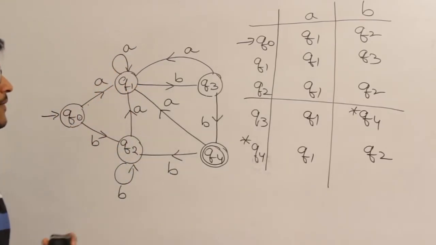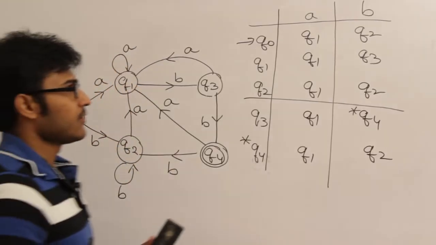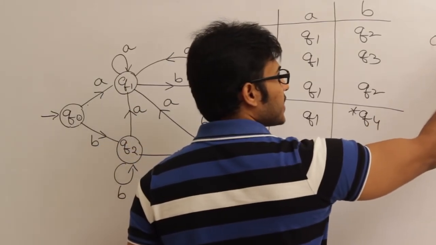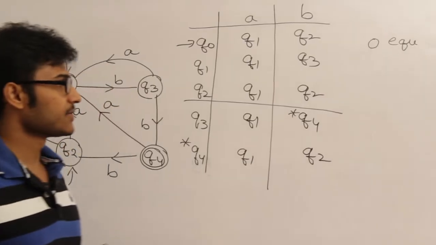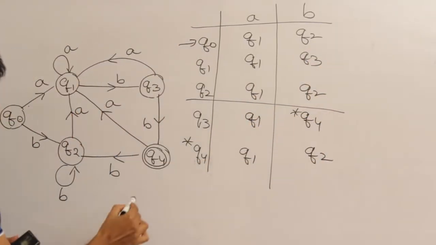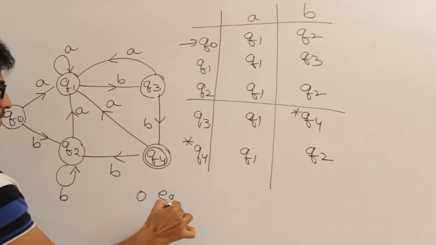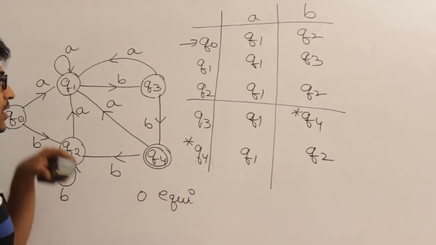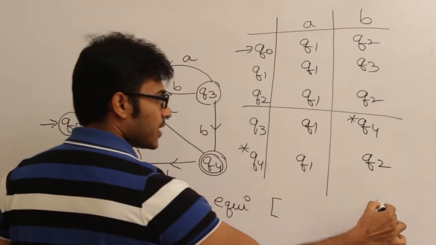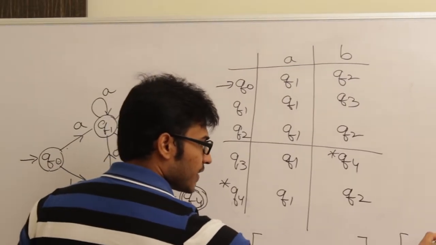Okay. Now first point is to try to find out the zero equivalent sets. I'll write here zero equivalent sets. So zero equivalent sets are nothing but trying to separate non-final states from final states.